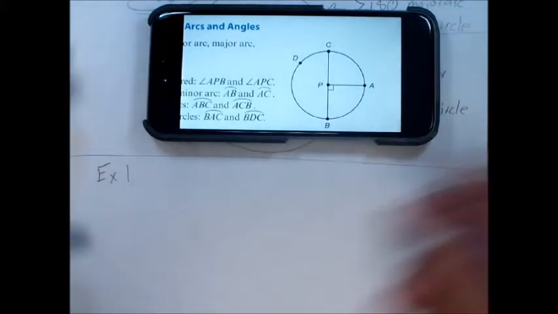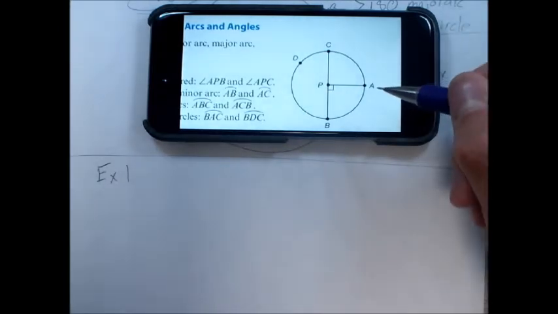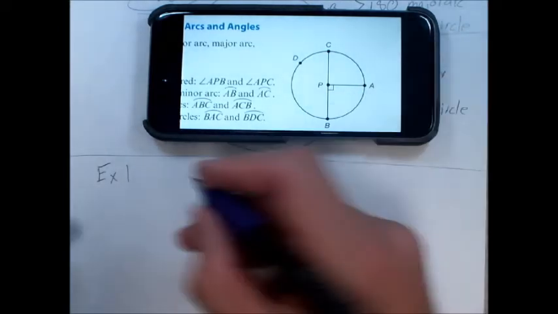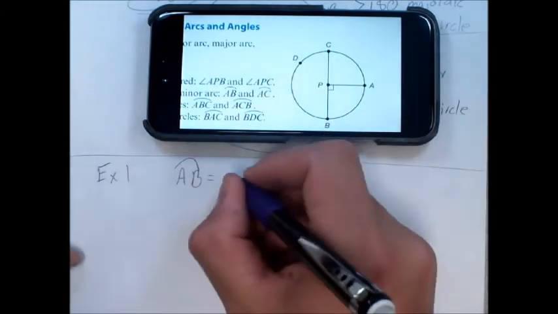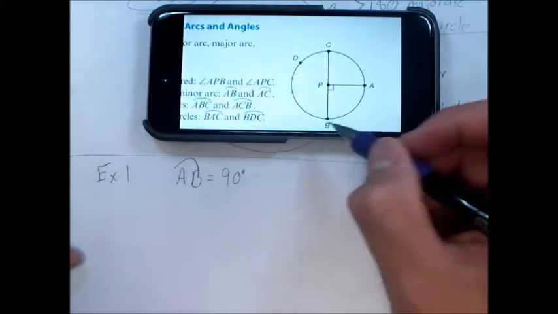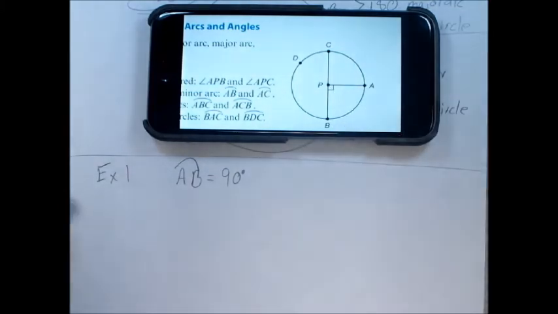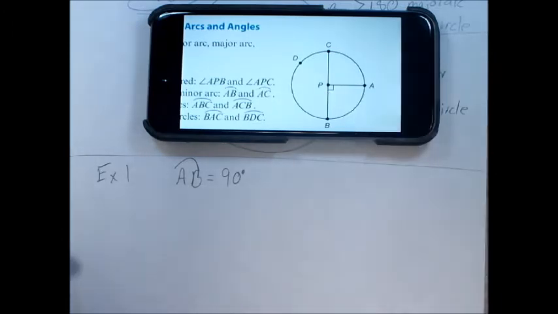I want to know what the arc measure would be for arc AB. 90. Remember that central angles are the same as the arc measures. 90, 90, 180. You said 90, 90, and 180. That's good.